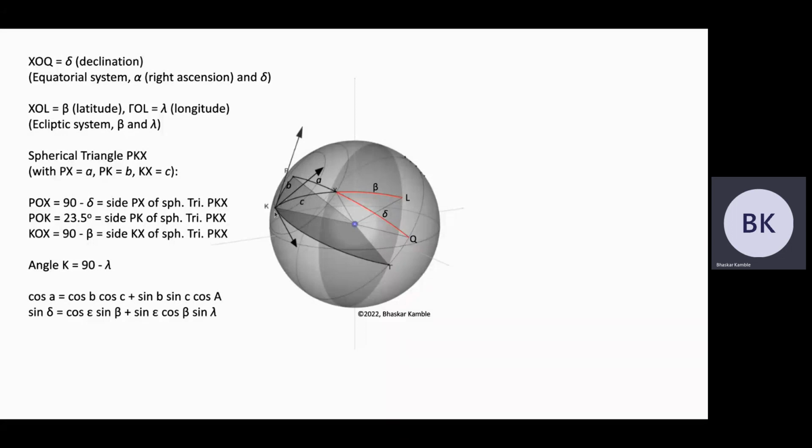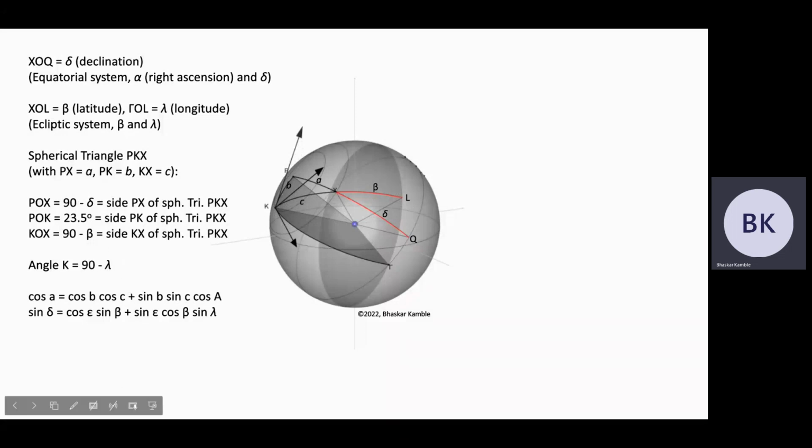Now you will be able to convince yourself, if you give it some thought, that the angle between this arrow and this arrow is 90 degrees. So you have here angle K, which in our notation is angle A. So angle K plus lambda is 90 degrees. So angle K is equal to 90 minus lambda, which is what I've shown here.